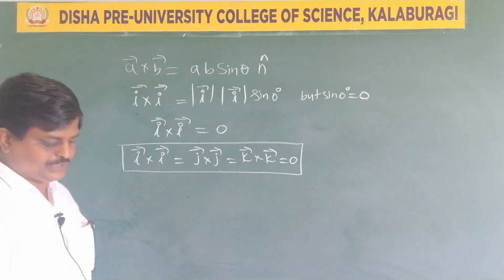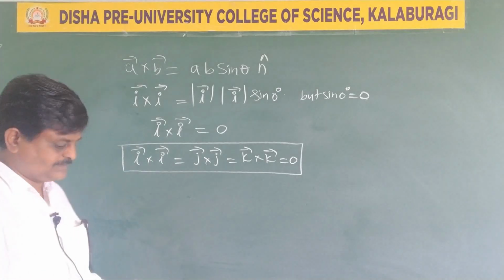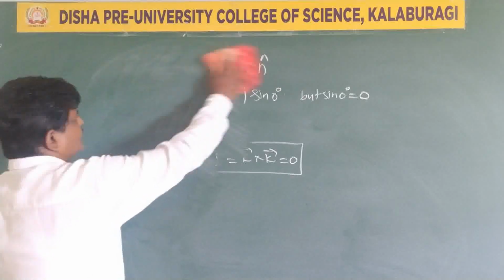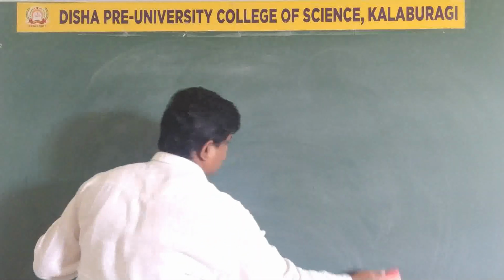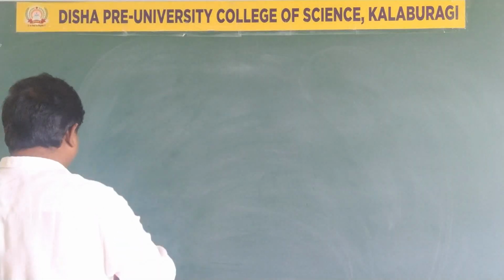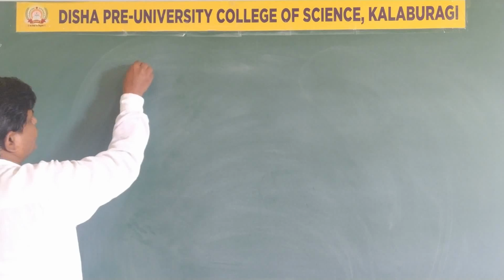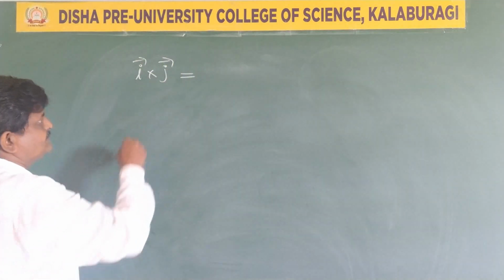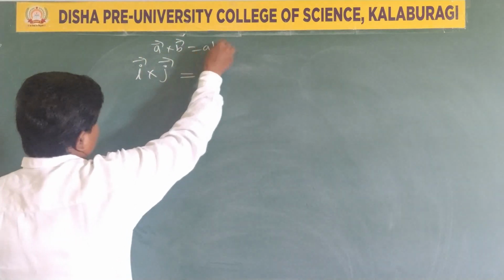Right? So now when you operate I cross j, what is I? It is the vector acting along the x axis. What is j? Acting along the y axis. When you operate I cross j, let us see. What is the formula? A cross B is equal to what?